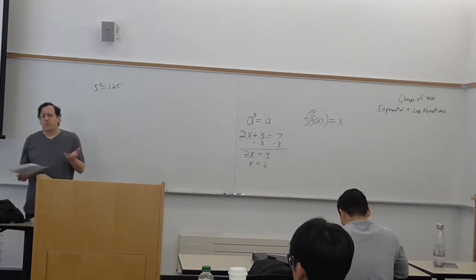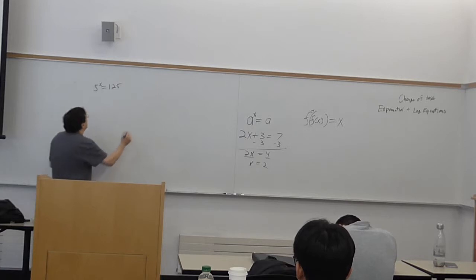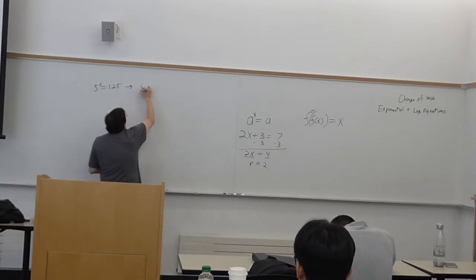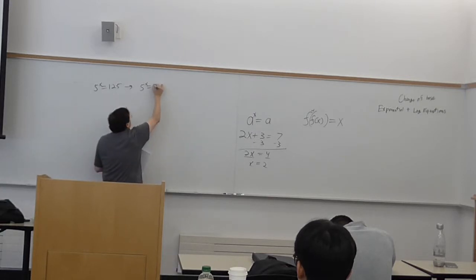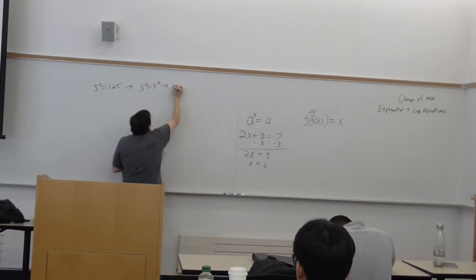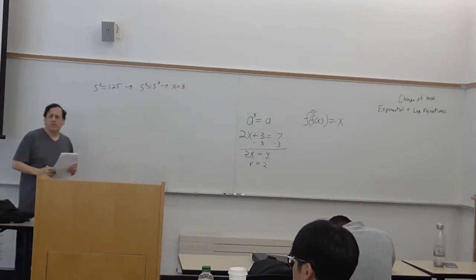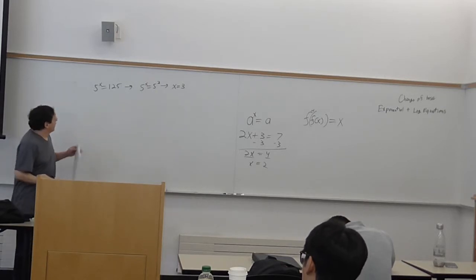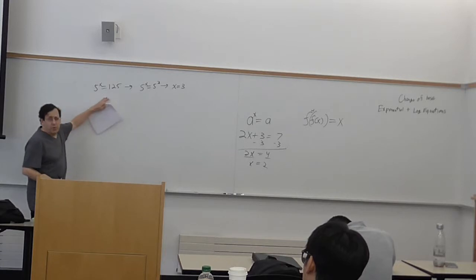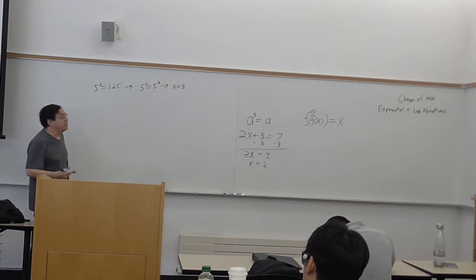There are two approaches to this. One thing I could do is say, well, 5 to the x equals 125. I know that that happens to be 5 cubed, and that tells me that x equals 3. That's one approach. Another approach is I could take both sides of the equation and find the log to the base 5.